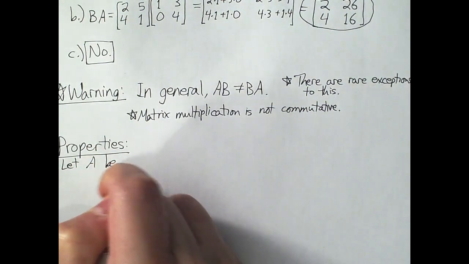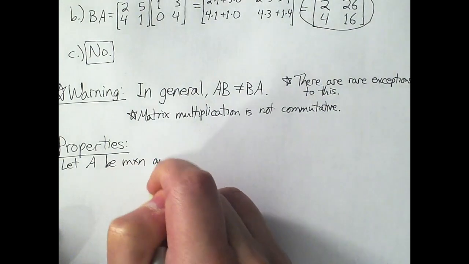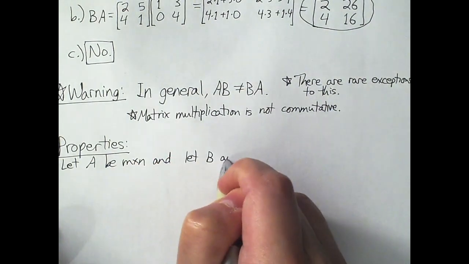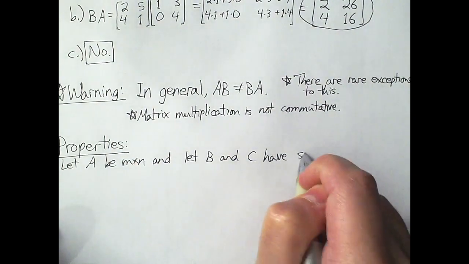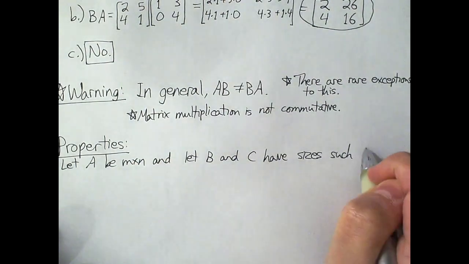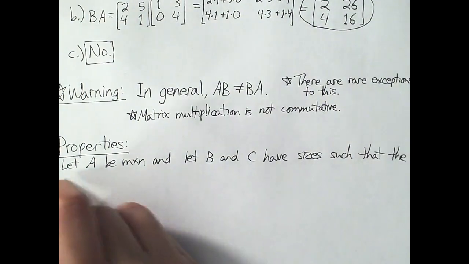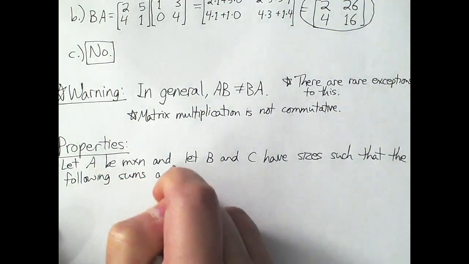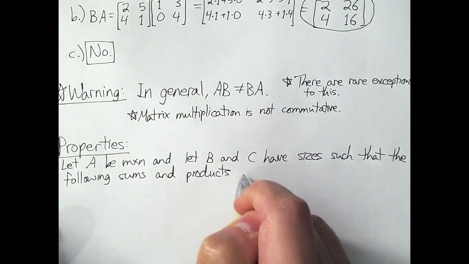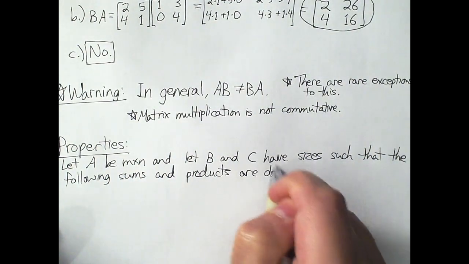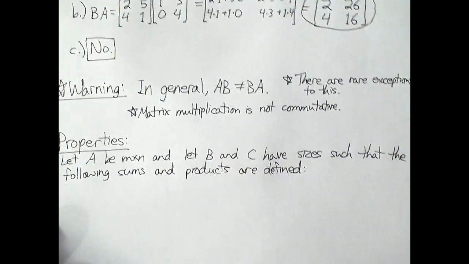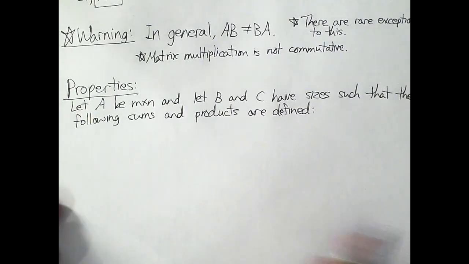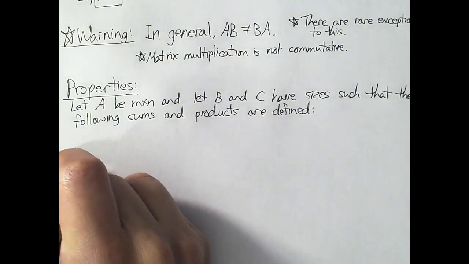So let A be m by n, and let B and C have sizes such that the following sums and products are defined. We're saying that in a general way so that we can state 5 different rules, and A, B, and C are going to be sized appropriately so that all of these do exist.